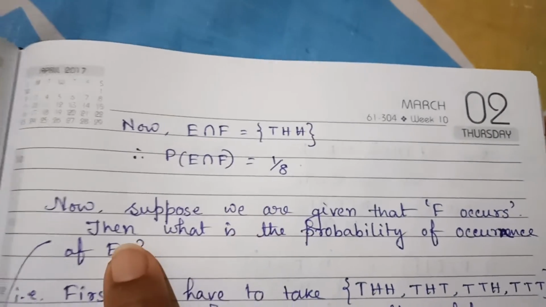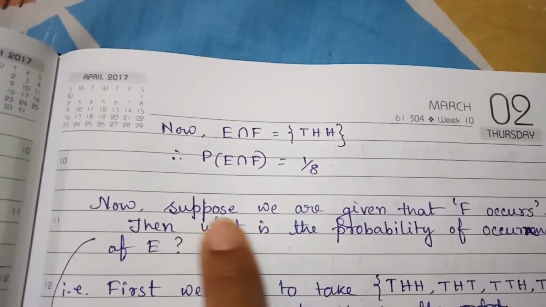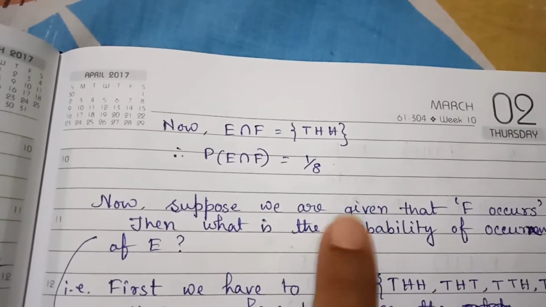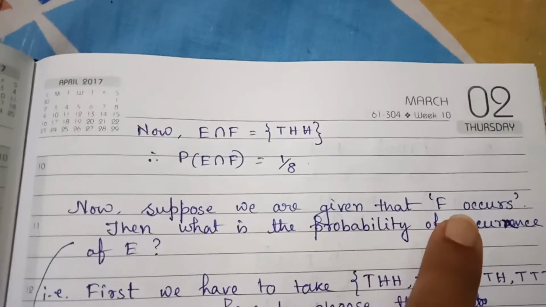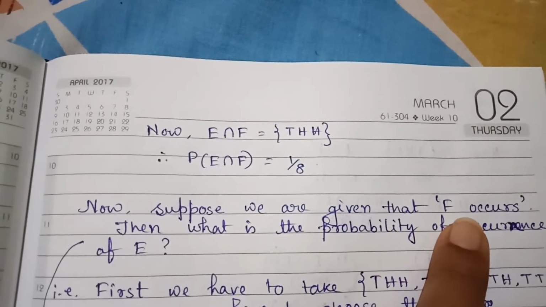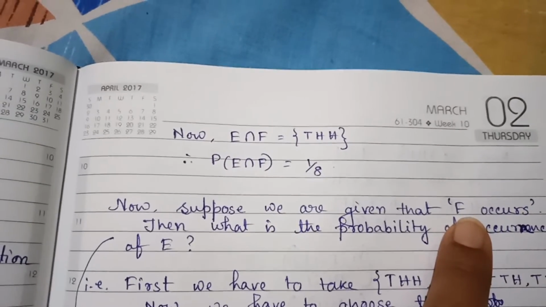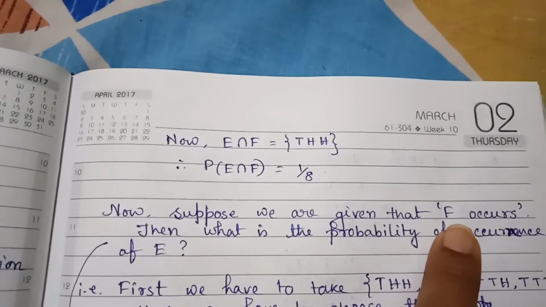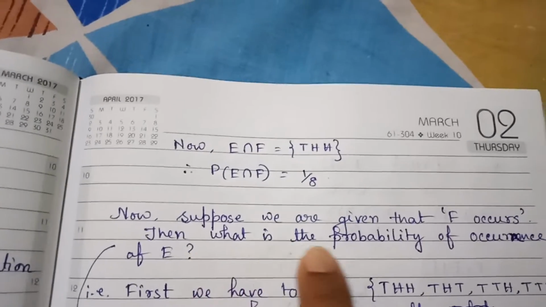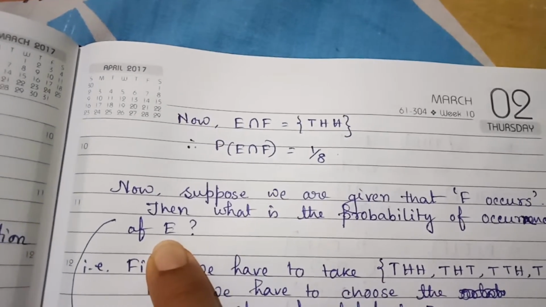Now, I have written over here one particular problem. Suppose, and this is the main problem, we are given that F occurs. That means the first coin already showed tail. Then what is the probability of occurrence of the event E?